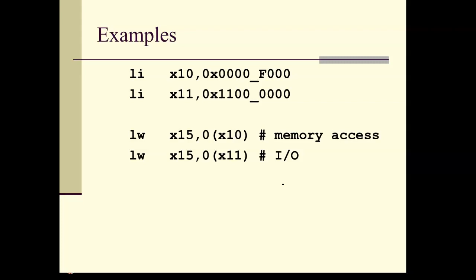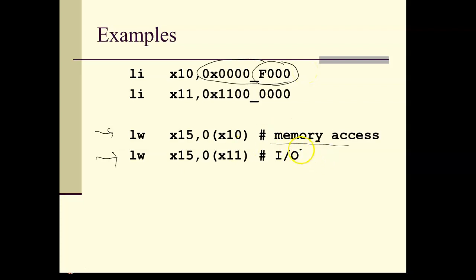This is an example of two instructions. They look exactly the same, but one's a memory access and one's an I/O. This one is a memory access, because the whole address here is less than FFFF.